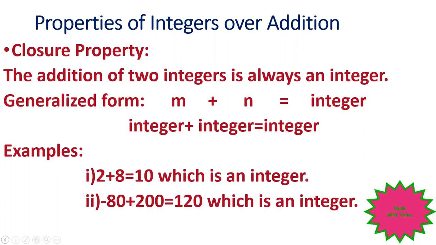So addition of integers results in an integer. Second example: negative 80 plus 200, which are integers, equals 120, which is also an integer. Thus closure property holds good.